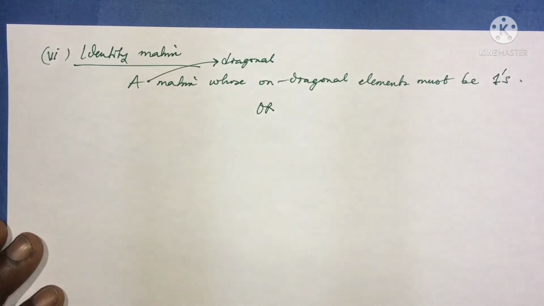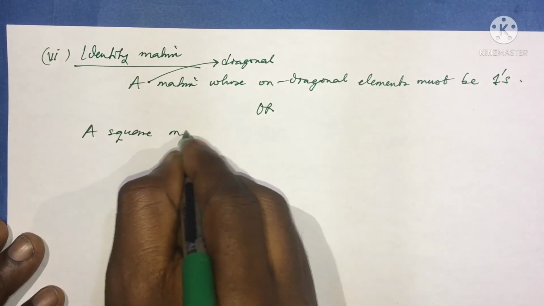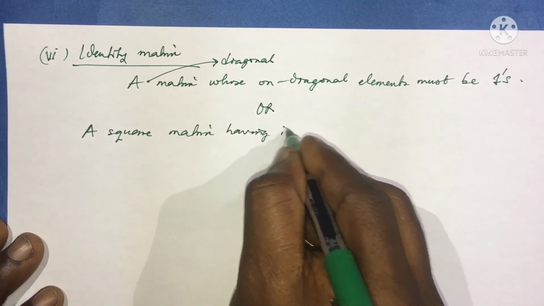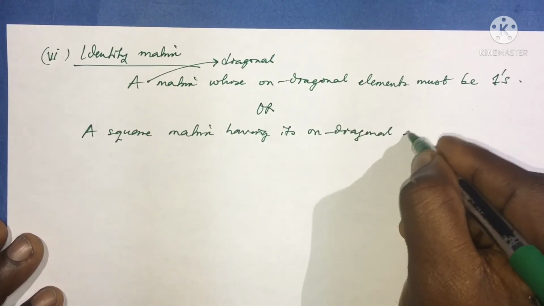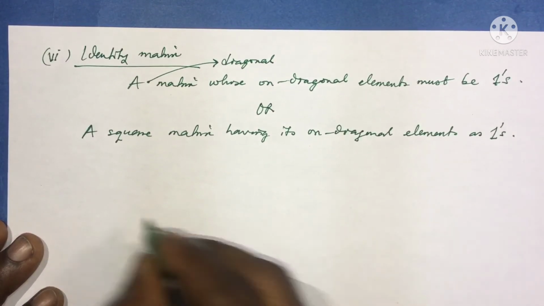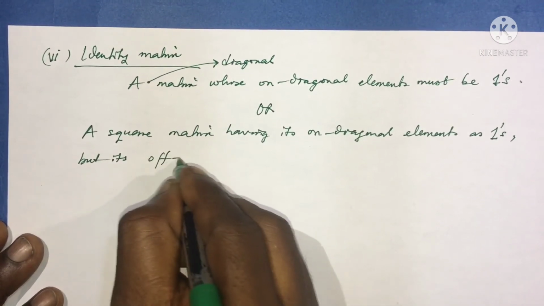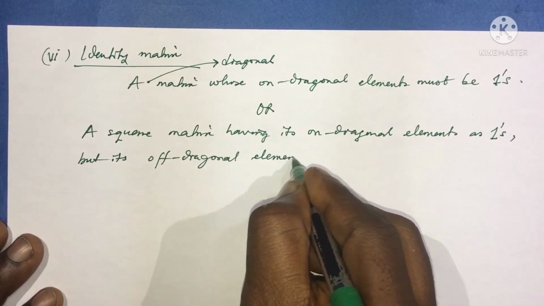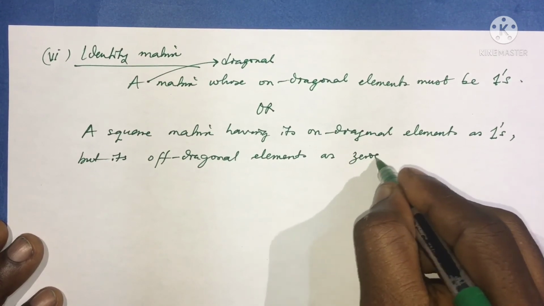Or you can define an identity matrix as a square matrix having its on-diagonal elements as ones, but its off-diagonal elements as zeros.